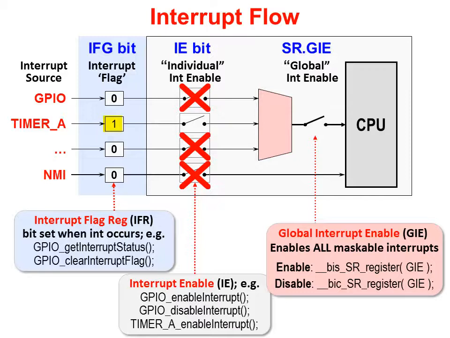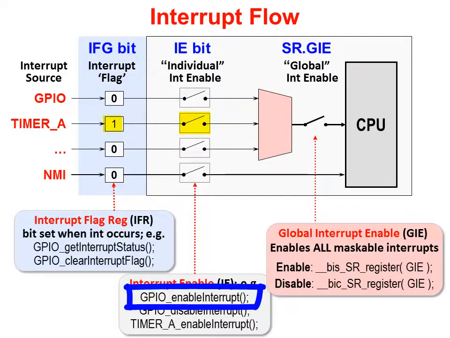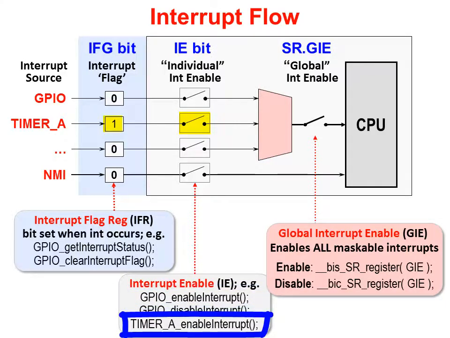The enable bits let your program ignore all those interrupt sources you don't really need or care about. By default, all interrupt bits are disabled, except the watchdog timer. In other words, you have to enable those interrupt sources that you want to use in your program. To that end, once again, driverlib makes it easy with functions that let you set the necessary IE bits. On this slide, we show a couple of examples for GPIO and the timer module.